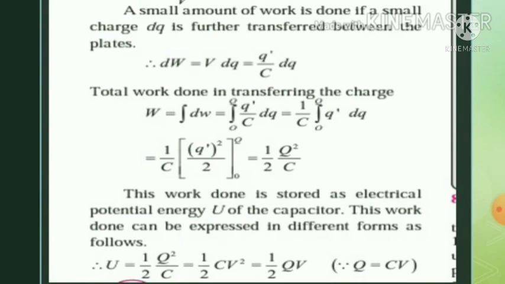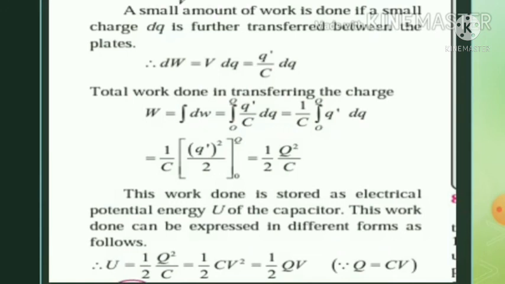This is the required equation of energy of the charged condenser in terms of charge and capacity, nothing but U equal to 1 half Q square upon C. Then this equation of electrical potential energy is converted in terms of capacity and potential, and also charge and potential.